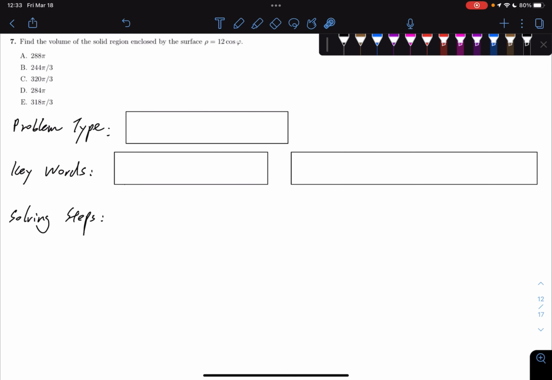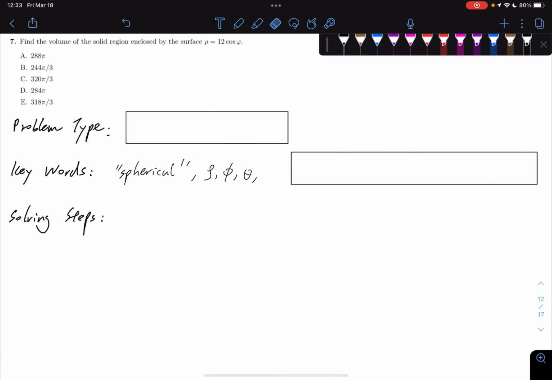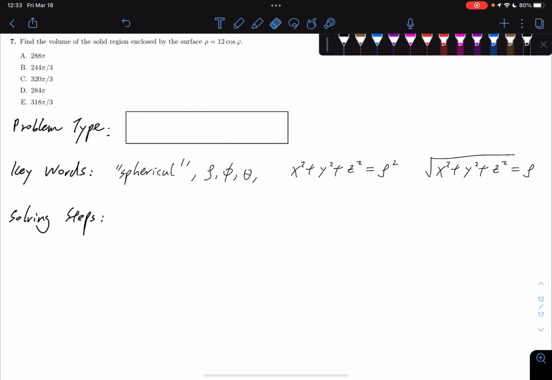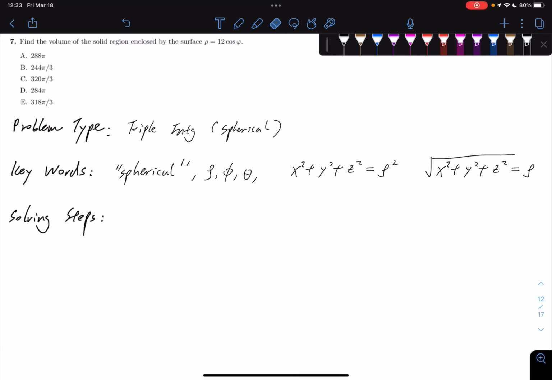It's expressed in spherical coordinates, and it contains spherical coordinate variables. And if you remember, other hints might include rectangular to spherical conversions. So this question is obviously triple integrals in spherical coordinates.